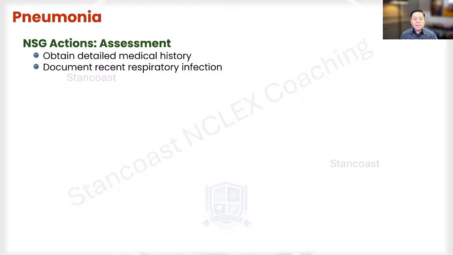Now, we are also going to document any recent respiratory infections. We're going to have to obtain their full medical and social history and their risk factors in order for us to identify those precursors, or let's say contributory factors, to the current condition.